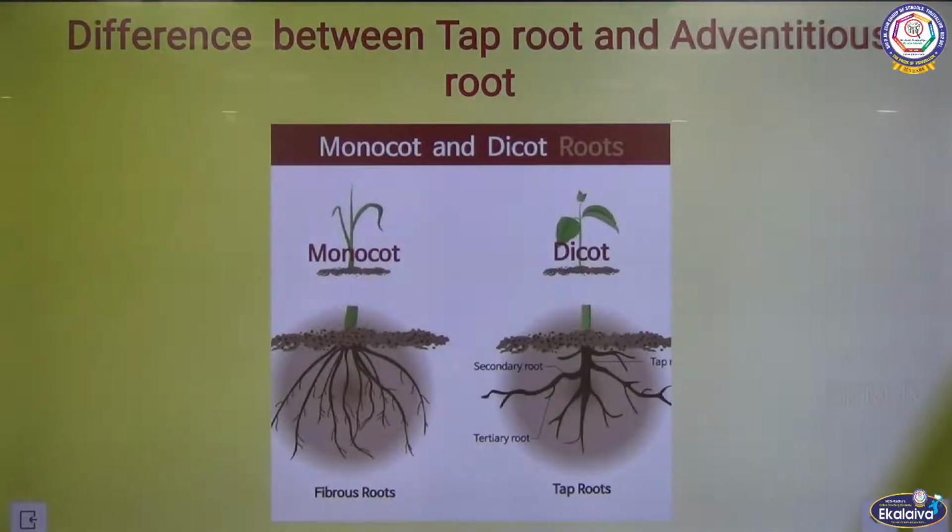And in monocots, from the base of the stem you will find many lateral roots arise, because here the primary root is short lived, and all the roots which arise are of the same length and thickness, and it is a characteristic feature of a monocot plant.